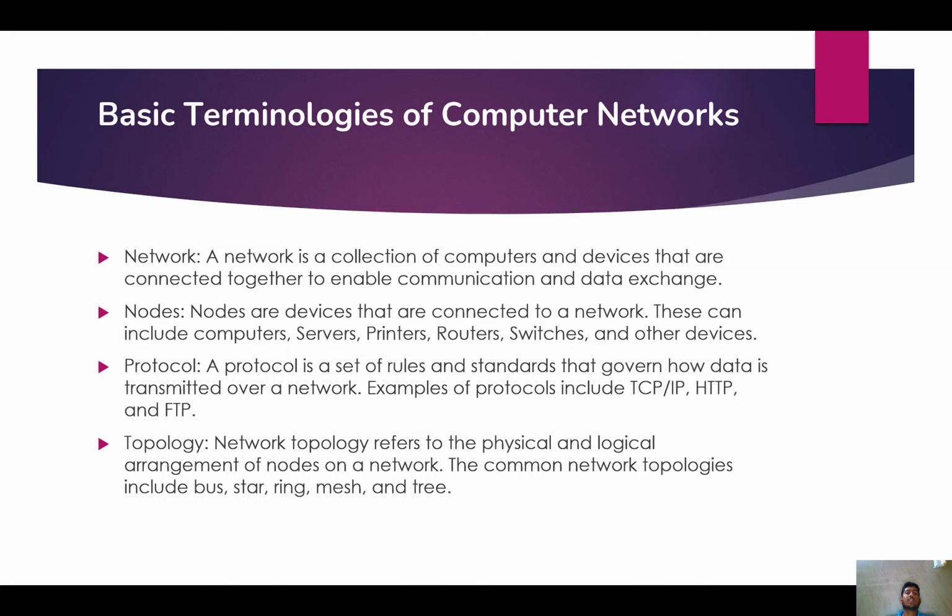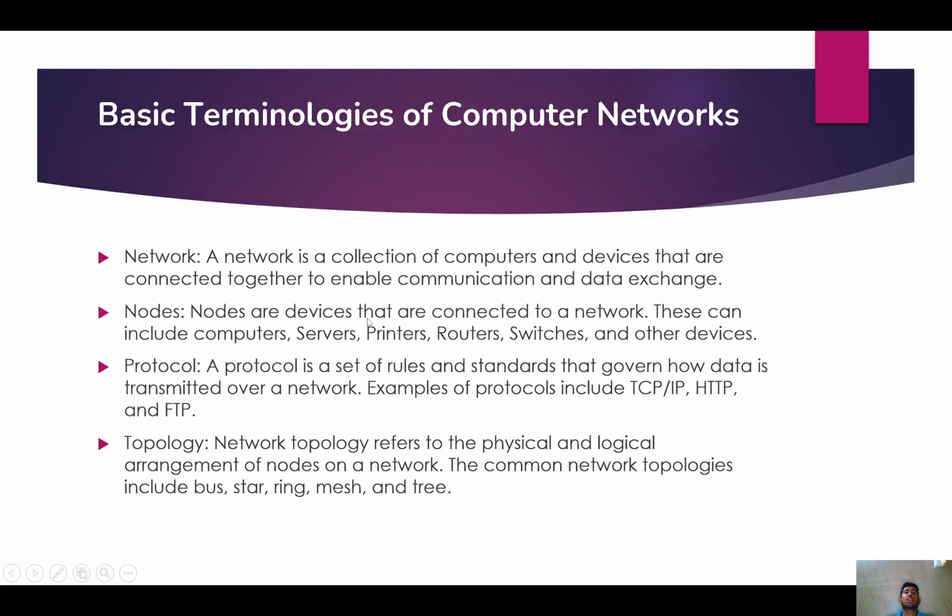First one is network. A network is a collection of computers and devices that are connected together to enable communication and data exchange. When we connect two or more computers together, we can easily transfer data from one computer to another, and we can also communicate with each other.